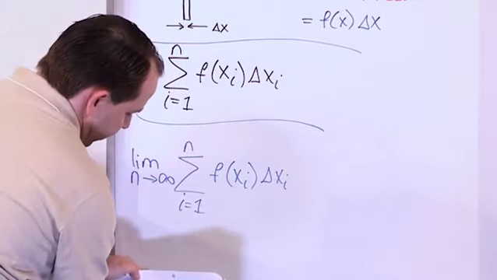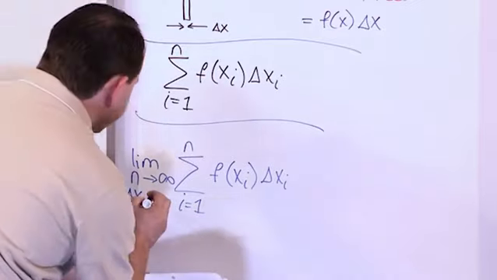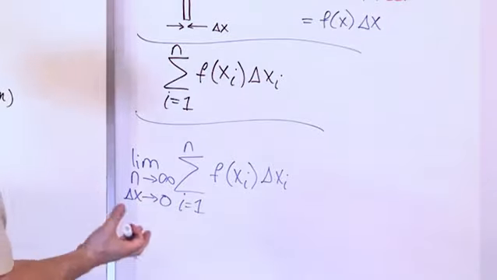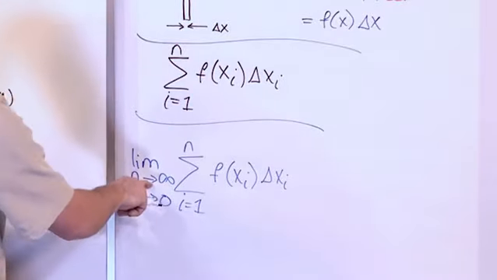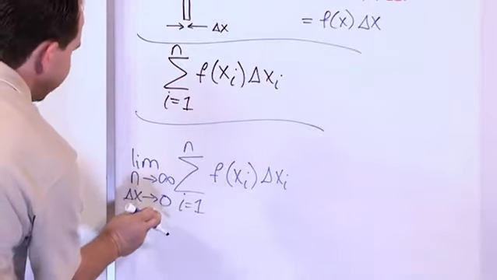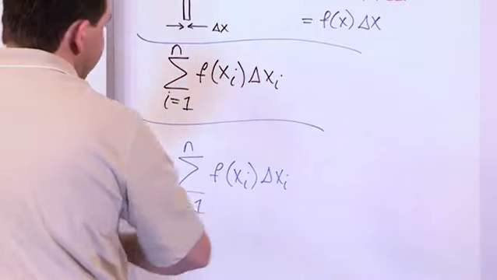We also want delta x, the width of these rectangles, to approach 0. Both happen at the same time, because if I put an infinite number of rectangles under the curve, then by definition they have to get incredibly thin to fit under there. So this is basically an approximation for the true answer.